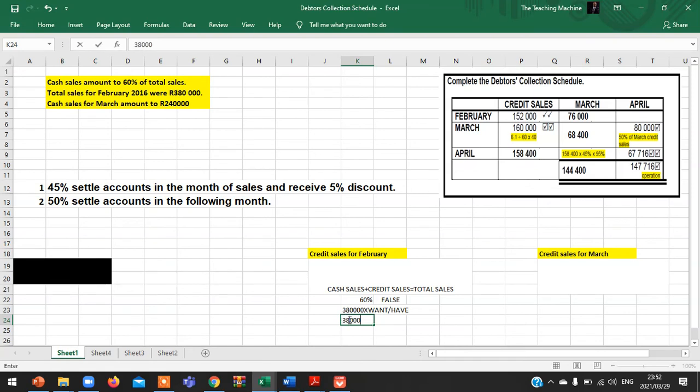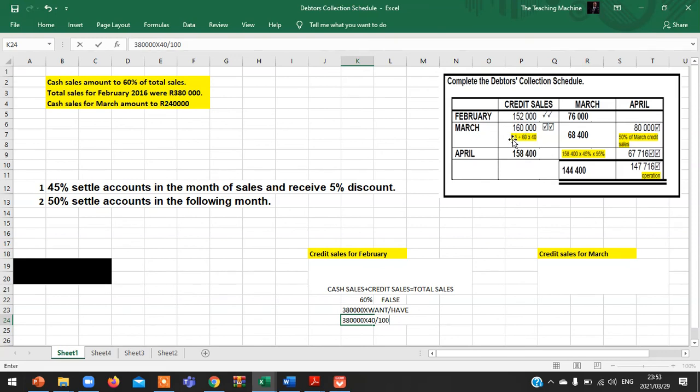I want the credit sales, which are 40%. But what is it that I'm given? I'm given the total sales, which are 100%. So when you say 380,000 times 40 divided by 100, it will definitely give you 152,000.